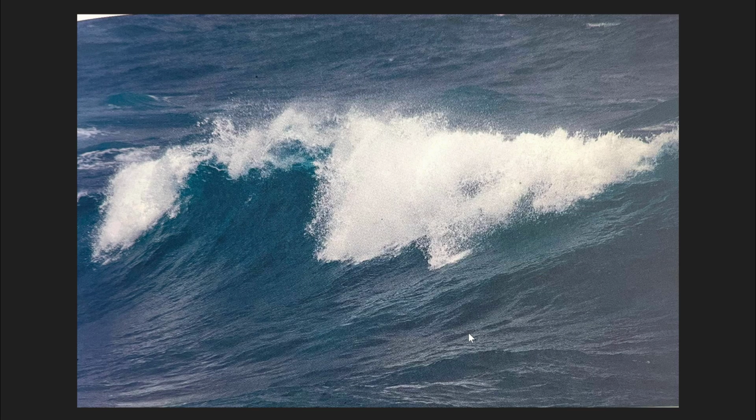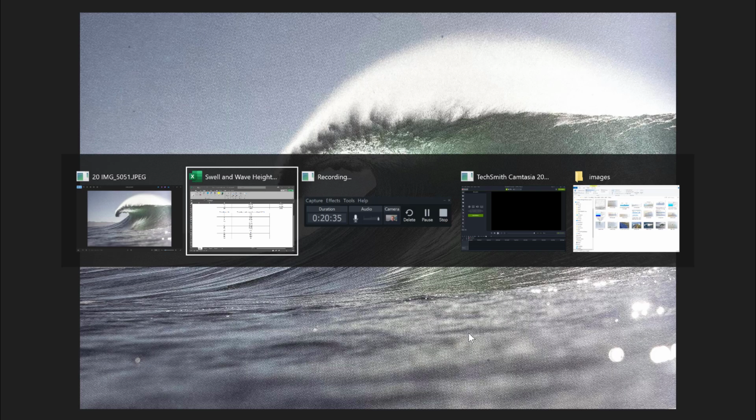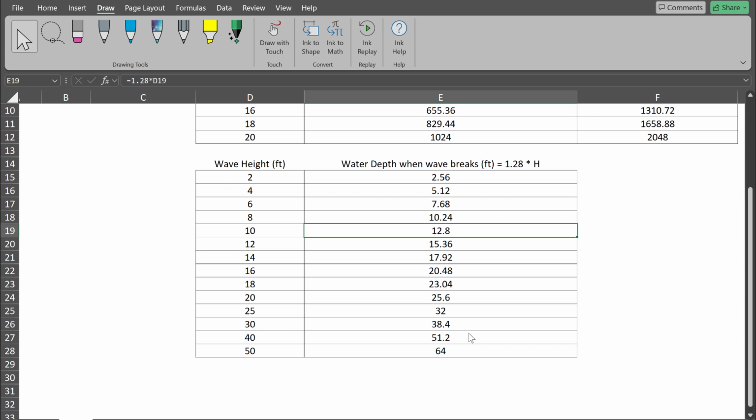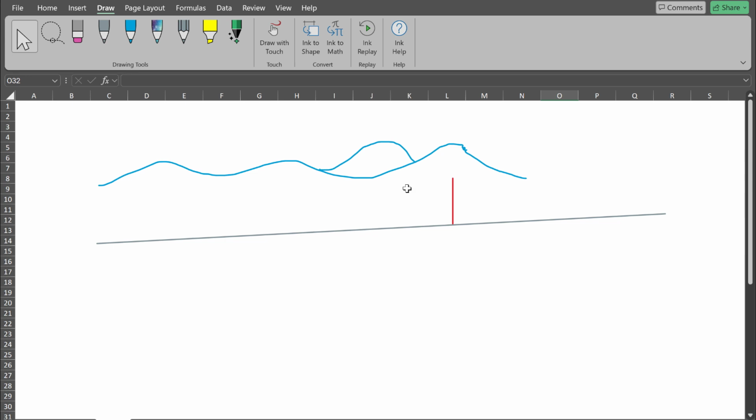That all depends more so on how quickly the bathymetry depth changes. Okay, so now, for example, if we have here a 10-foot high wave moving into shallow water, it needs 12.8 feet of depth for it to shoal.